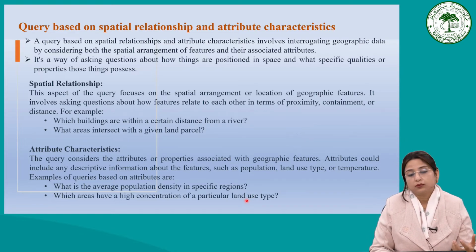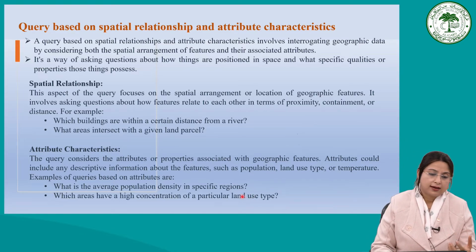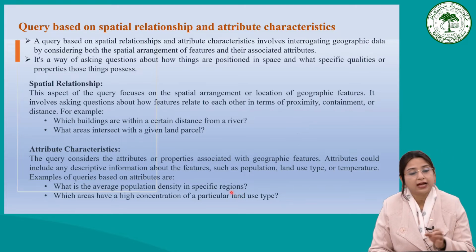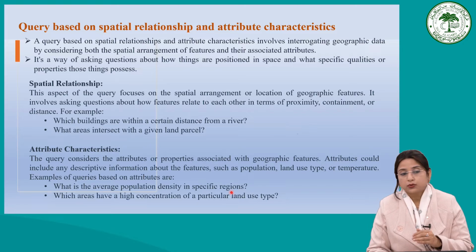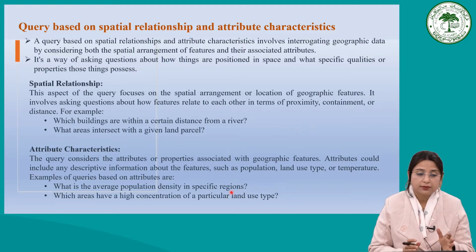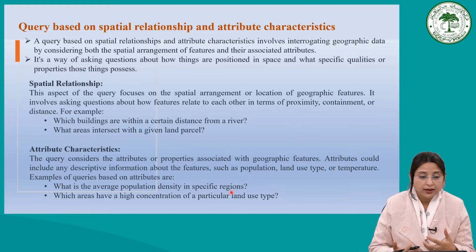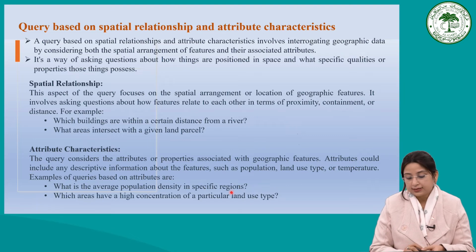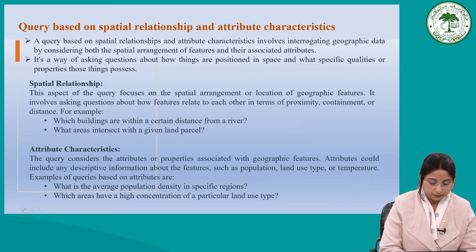Simply we can take, what is the average income of a specific region. Average income becomes the attribute of that specific region. So in simple terms, if we are interested in an attribute query, it means we are very much interested in the characteristics of the particular region, that is the spatial aspect.